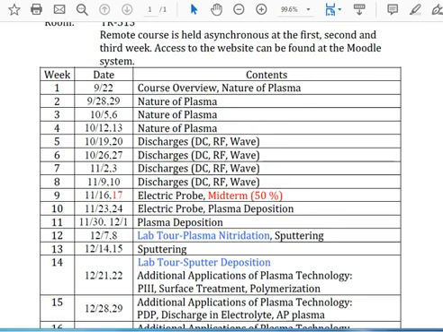In order to characterize these properties, one can use an electrical probe or Langmuir probe. So in the 9th and 10th weeks, the class will teach the electrical probe to analyze plasma and to get the plasma properties.